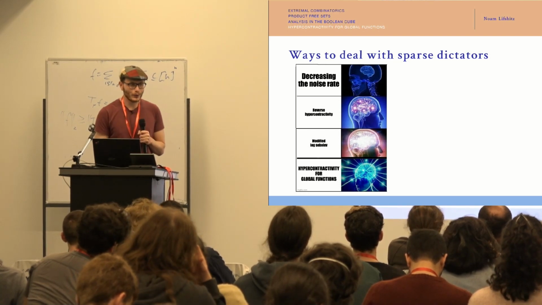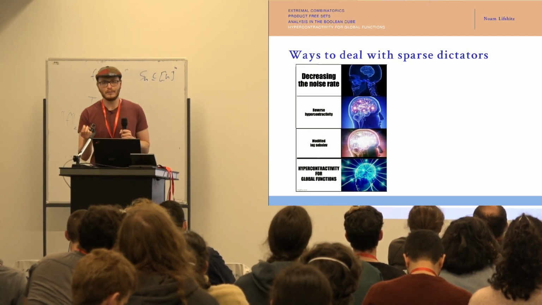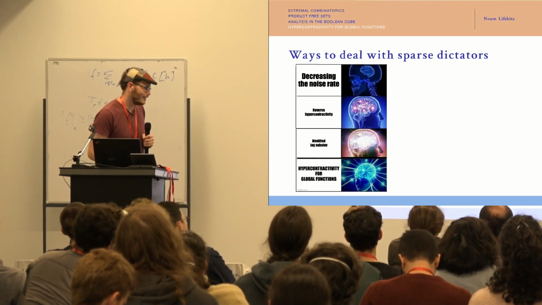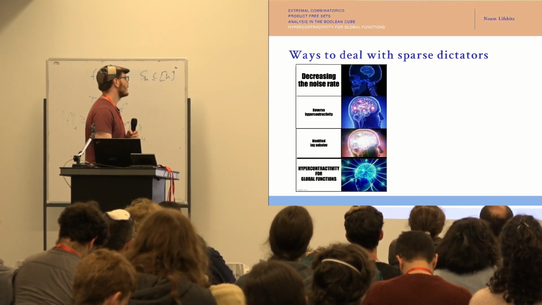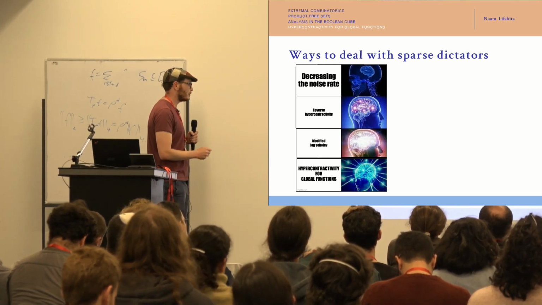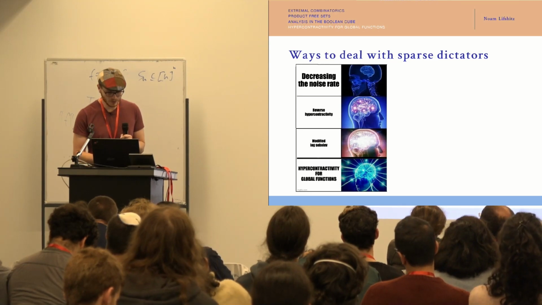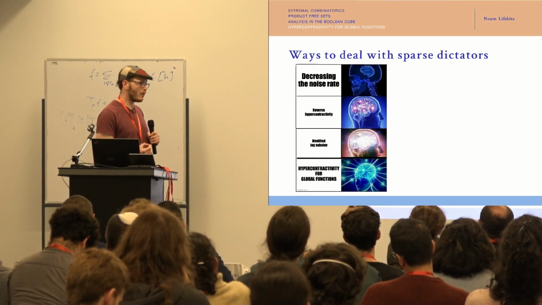One way is to decrease the noise rate and allow rho to depend on m or on n, and prove hypercontractivity when rho is 1 over root n. Another way is to prove reverse hypercontractivity, which is a very common tool in Markov chains, but it's not sufficient for our purposes.